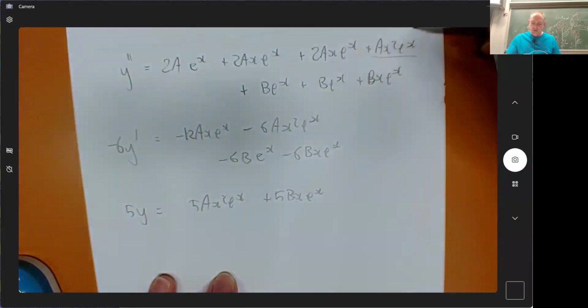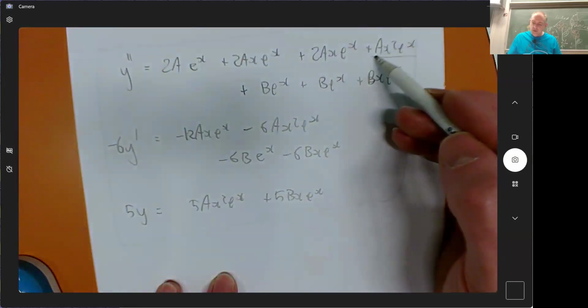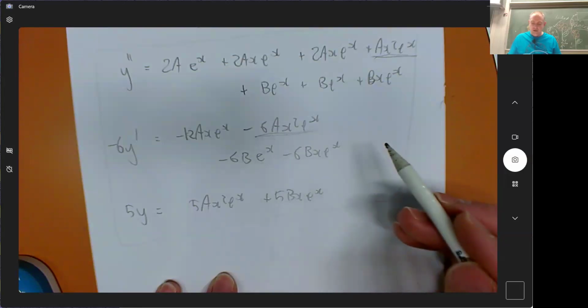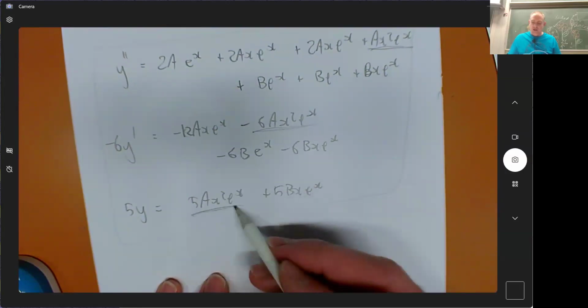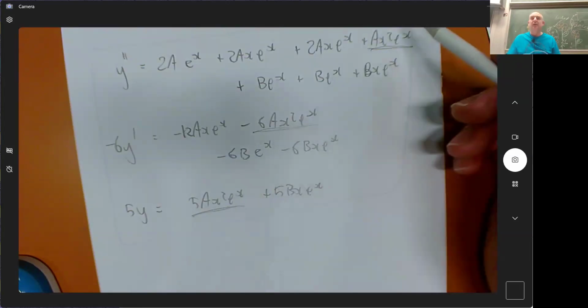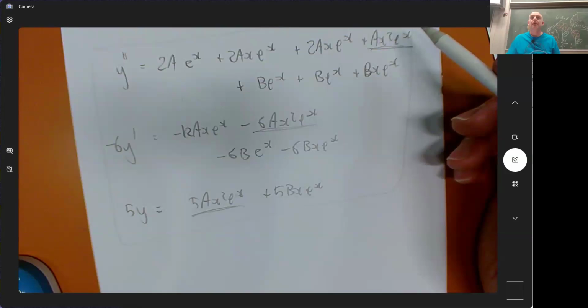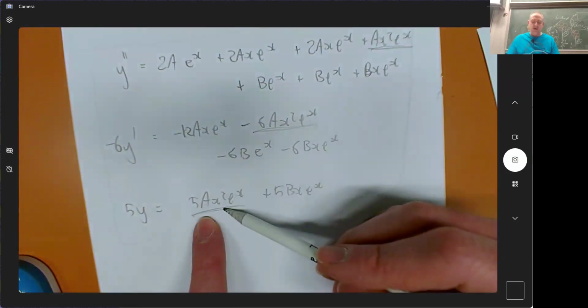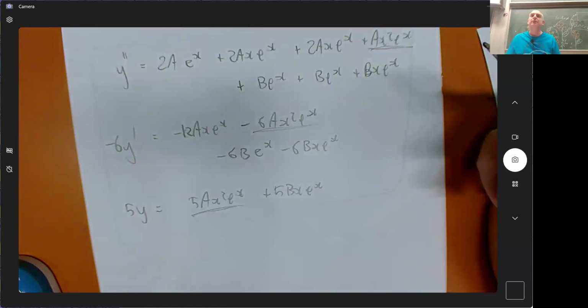So it's these three, sorry. So an ax squared e to the x there, and an ax squared e to the x there, and an ax squared e to the x there. Ah, crap. They all cancel out, don't they? Look, 1 minus 6 plus 5, they all cancelled out.